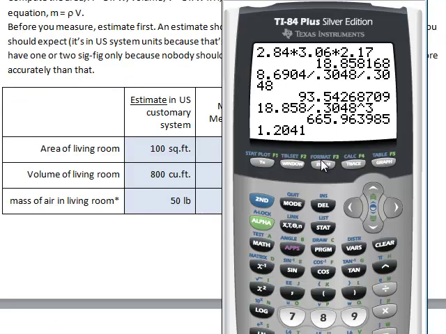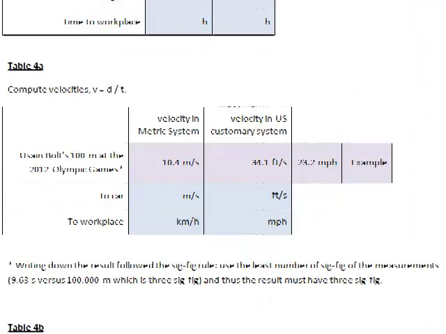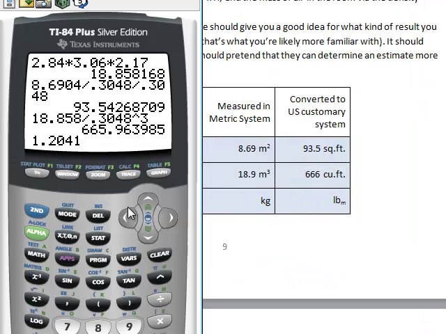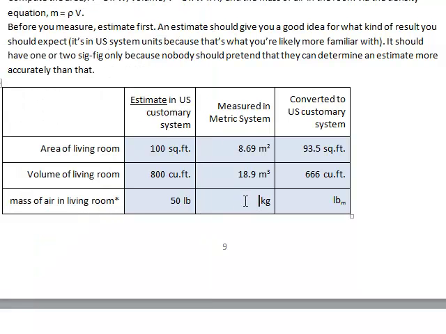And that is kilograms per cubic meter, so I'm going to multiply it with the volume that I had measured, so 18.9, and I'm going to come up with 22.757, respectively 22.8 kilograms, and that's the amount of air that I have in the room.